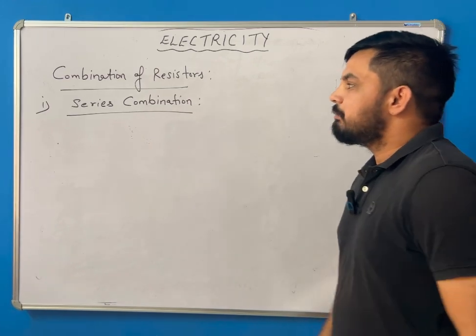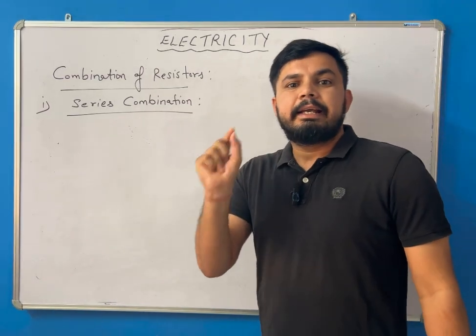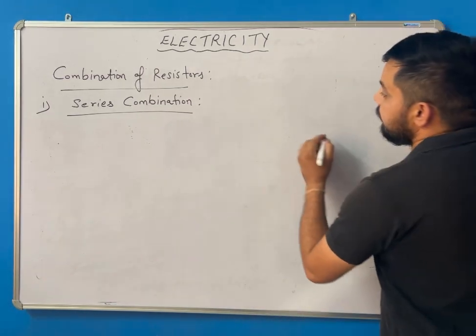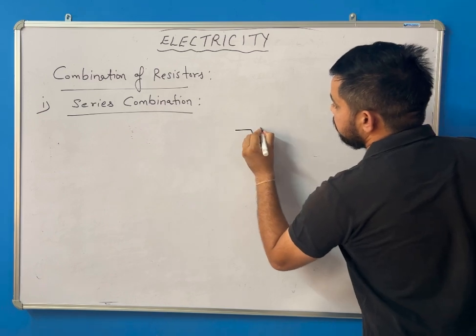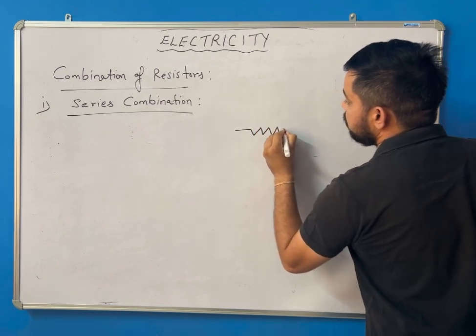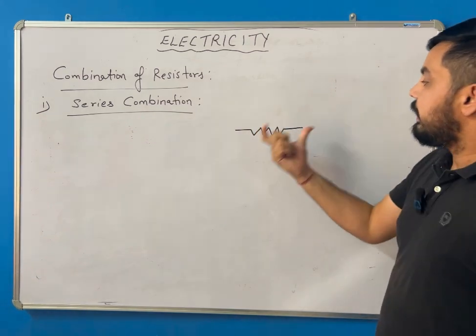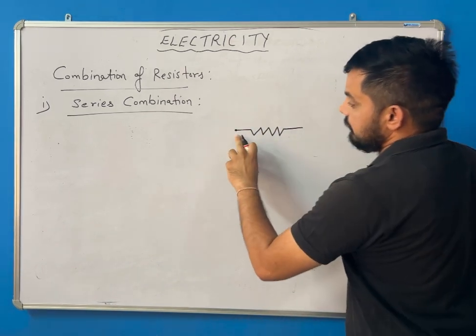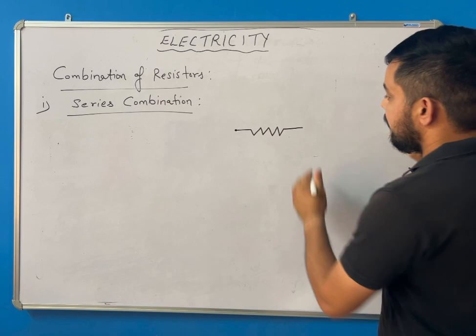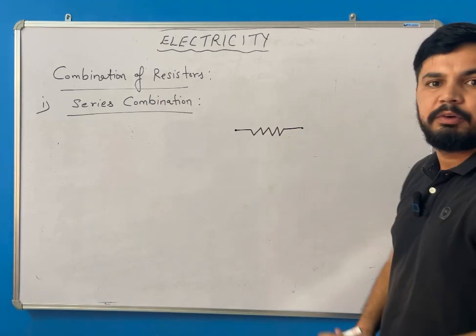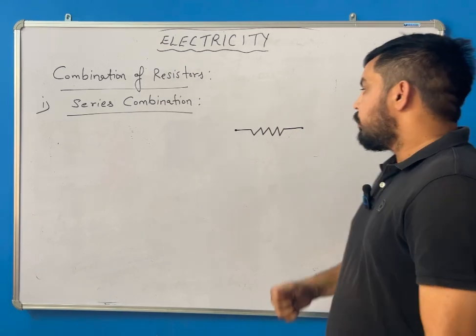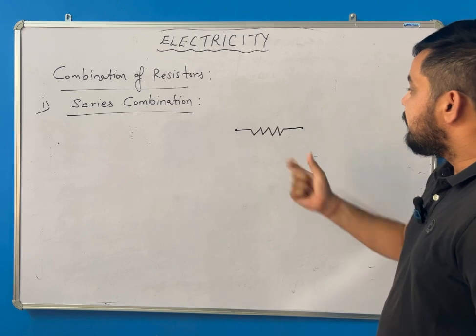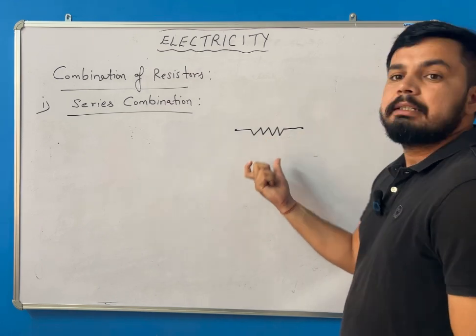To understand series combination, first we will take a resistor. This is a resistor which has two ends. This is the first end of the resistor and this is the second end of the resistor. Now we have to combine these resistors in series.